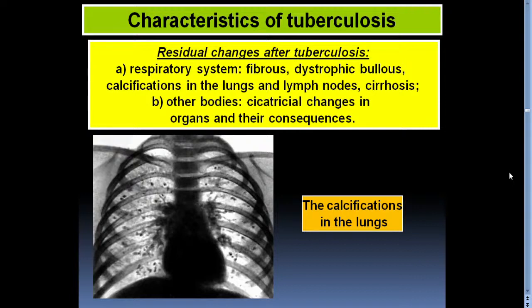And on this photo, you can see an X-ray of the chest with many calcifications in the lungs, many focal shadows with calcification. These are post-tuberculous changes.